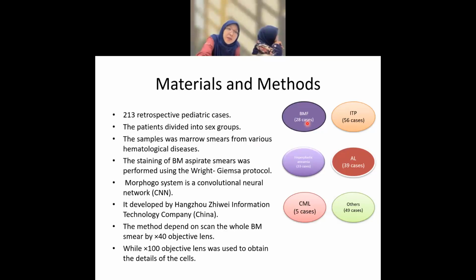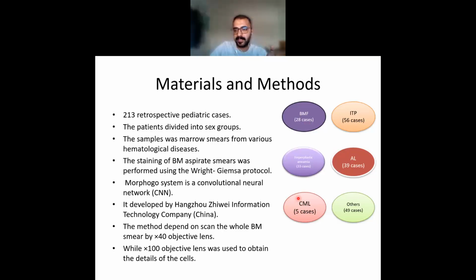You have this table, but I don't think you put it in the slide. Yes, this is the confusion matrix between the microscopy and the Morphogo system. I already presented the R square, which is the relationship between the variables.